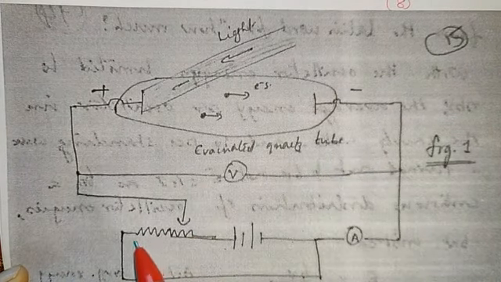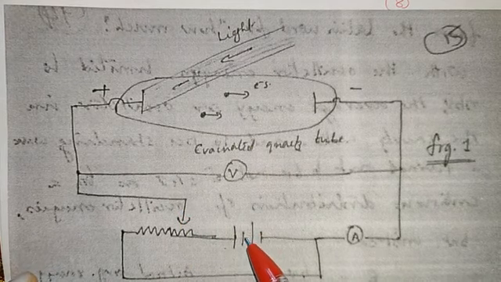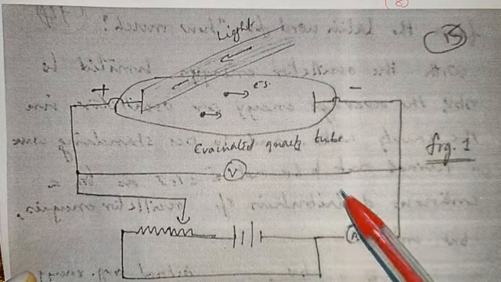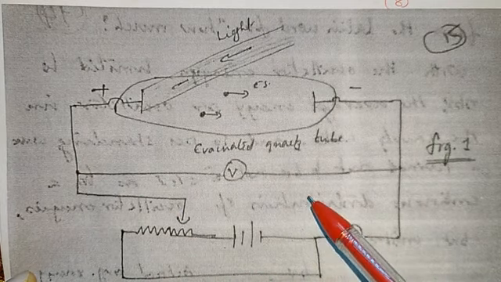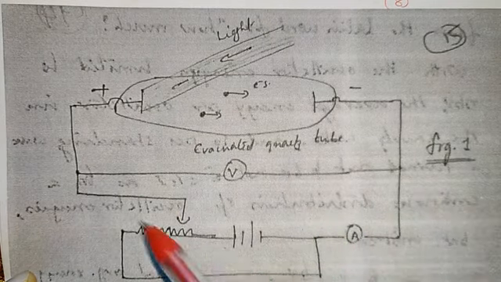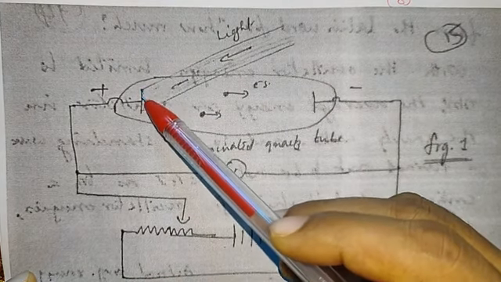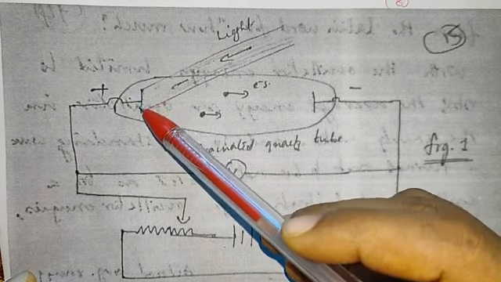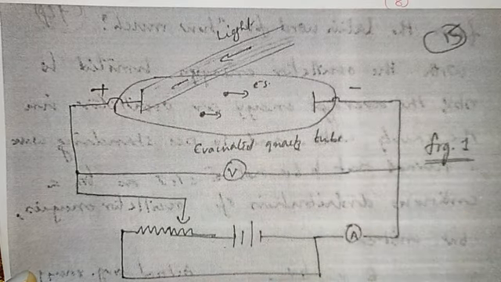A variable resistor is connected so the voltage can be varied according to our need, and a voltmeter and an ammeter are connected in the circuit. The metal plate connected to the positive terminal, the anode, is irradiated with light radiation.